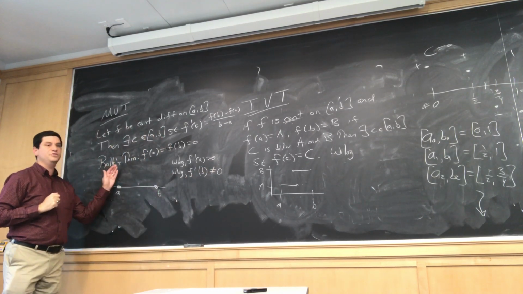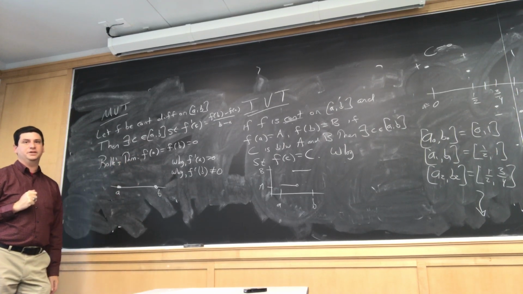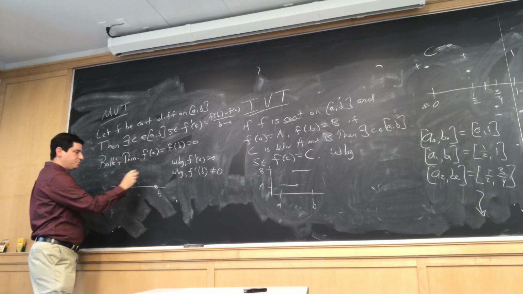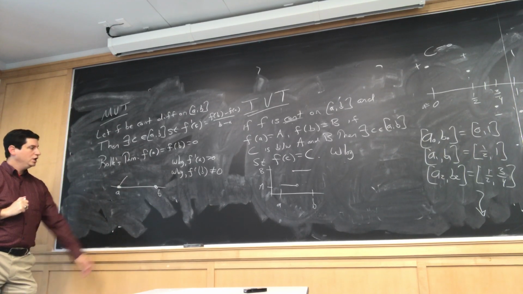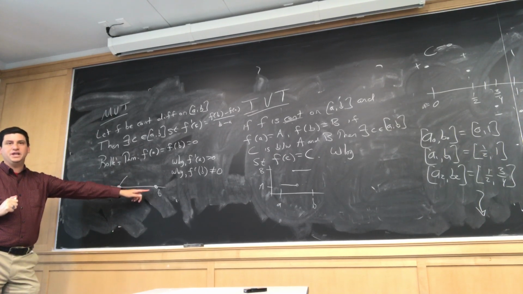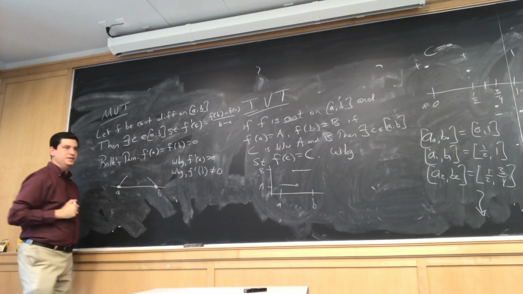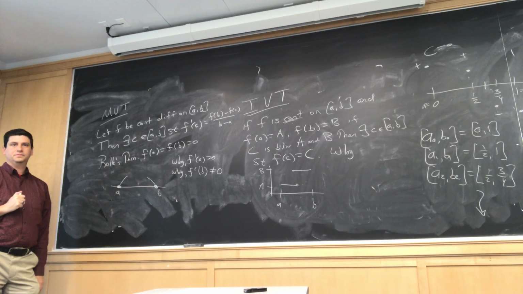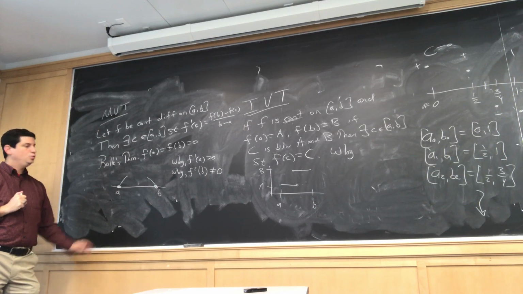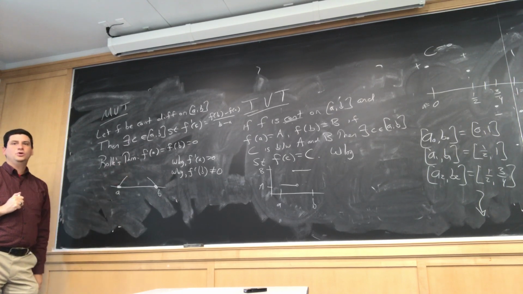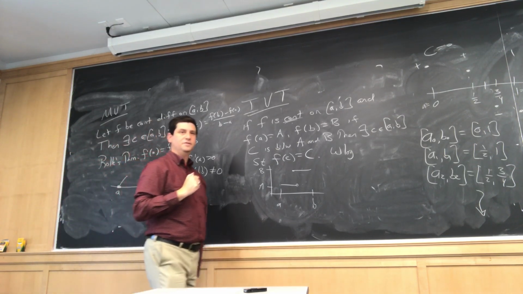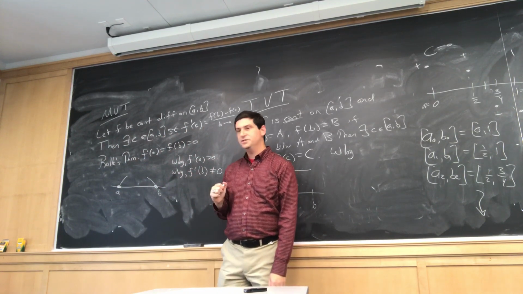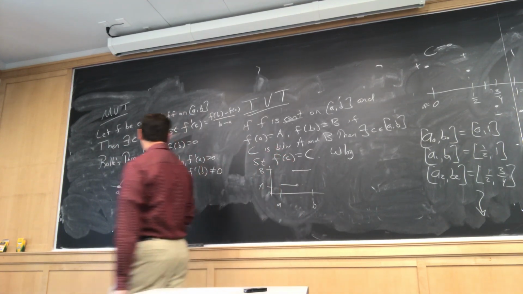We don't know that one of the derivatives has to be positive and one has to be negative. Now, imagine f prime of a is greater than 0. Then that means the function is increasing like this. If we knew f prime of b was negative, we would know it's decreasing like this. So you want to then say there should be some point, and how would we prove that? So imagine we're in the case that f prime of b is negative.